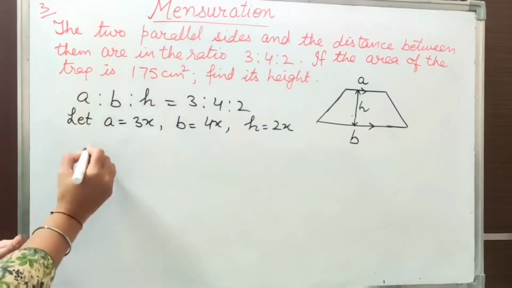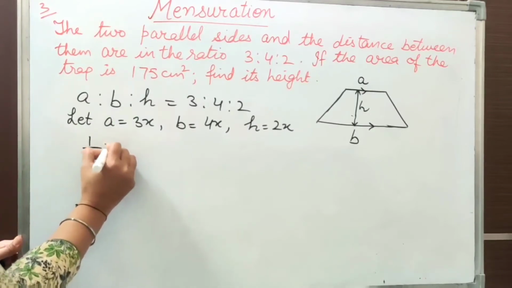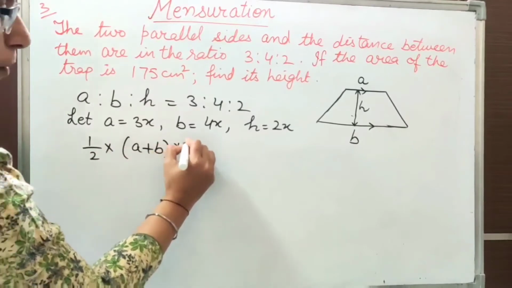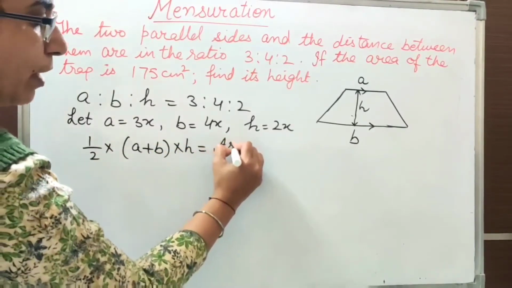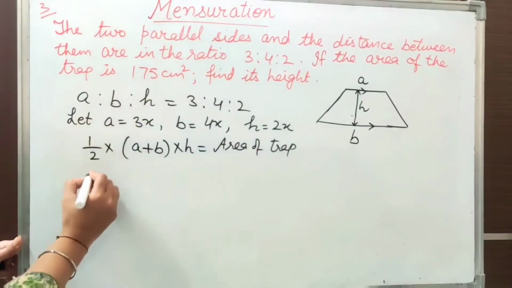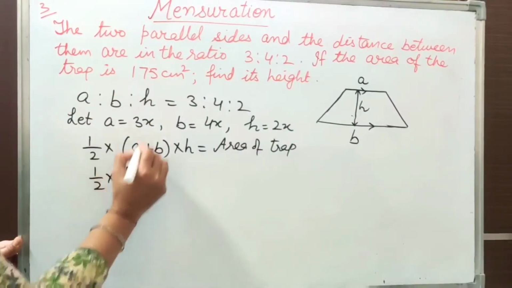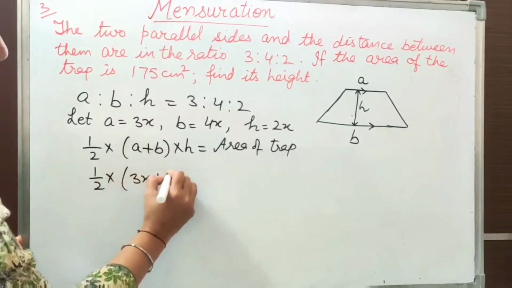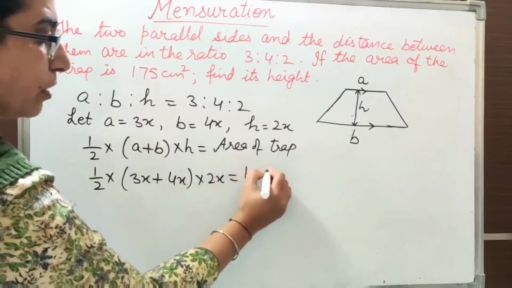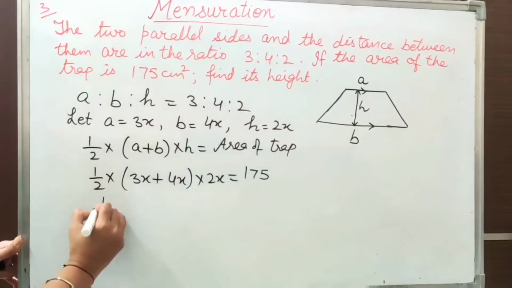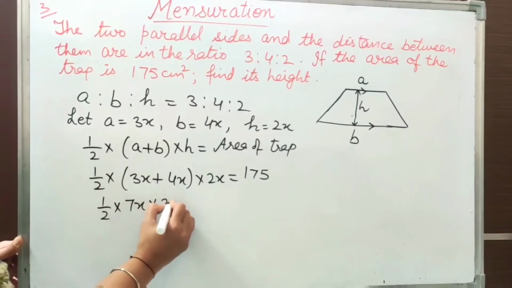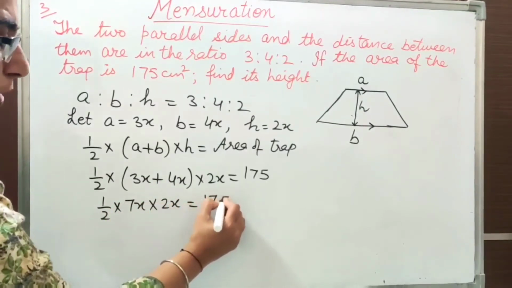Now area is given, and we know that 1 upon 2 multiply sum of parallel sides, that is A plus B, multiply H is equal to the area of the trapezium. Now substitute the values: 1 upon 2 multiply 3x plus 4x multiply 2x is equal to 175. Now solve this equation. 1 upon 2 multiply 7x multiply 2x is equal to 175.